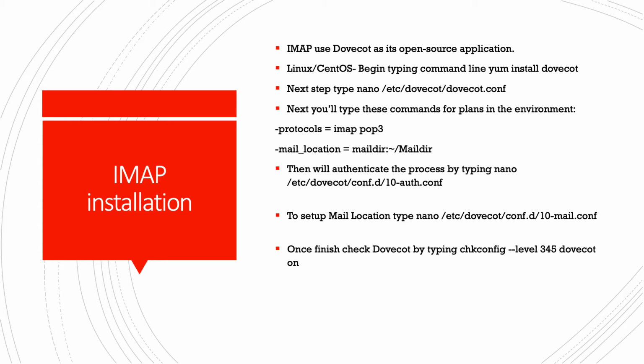Once you specify that, it gives a way for the email client to authenticate with Dovecot. Then you set the mail location by typing nano /etc/dovecot/conf.d/10-mail.conf, where you assign the mail location in the mail directory, which specifies the location where mail will be found.